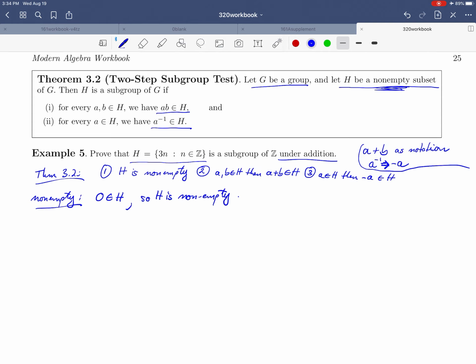Okay. Secondly, part one. I called it 2 before, but it's really part one in our theorem. Let's choose a and b in H, arbitrary elements. Since they're in H, they are multiples of 3. So we can write, let's say, a is equal to 3 times m, and b is equal to 3 times n, very similar to what we have done before, for some integers m and n.